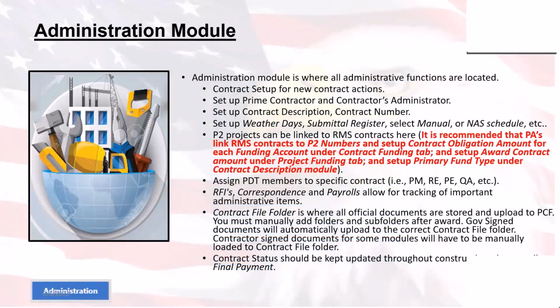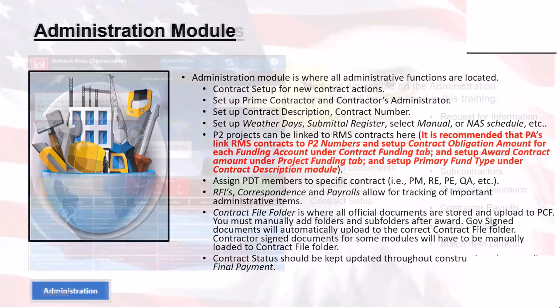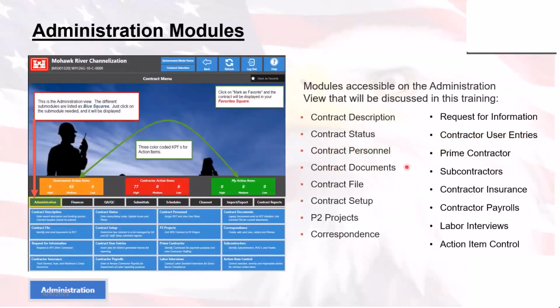Now, this screen here is just going over everything that we're going to be talking about. You can come back and read this at your leisure. We'll just go ahead and get into the next one here. This is, again, a little more information about all the stuff that's going to be inside the admin tab. So we can move on to the next.